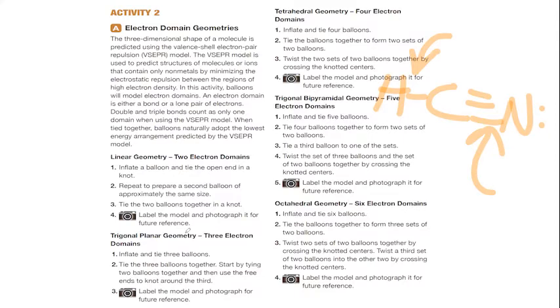You have 2 electron domains on opposite sides of the carbon. What shape is that going to make the molecule? And we'll figure that out by blowing up these balloons and seeing what shape they take. So just holding them, they automatically take a shape. What shape do they automatically take?